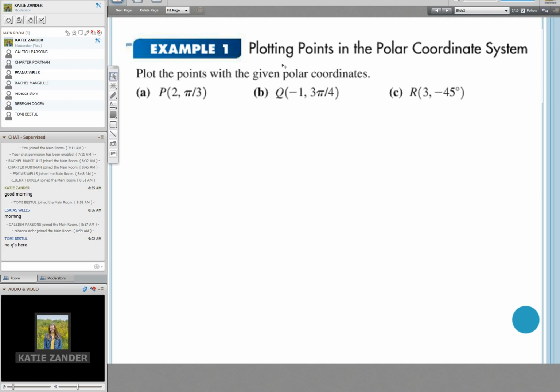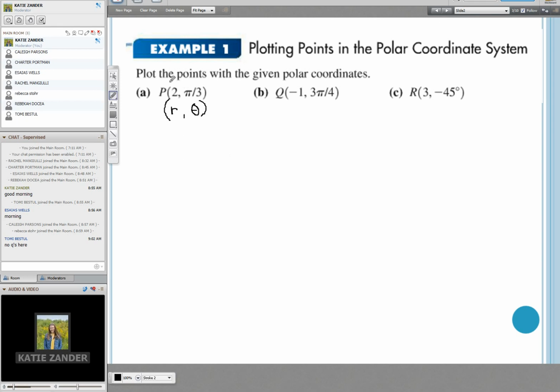Okay, so the first thing we're going to talk about, and we don't necessarily even need our calculator for this, is plotting points in the polar coordinate system. So instead of an XY coordinate plane, you're given your r and your theta. So all of these are r and theta when we take a look at a point in polar coordinates. So r is referring to the length of your, I don't want to call it a vector, but the length of your line, sort of. And then pi over 3 is the direction of the angle at which the point is going.